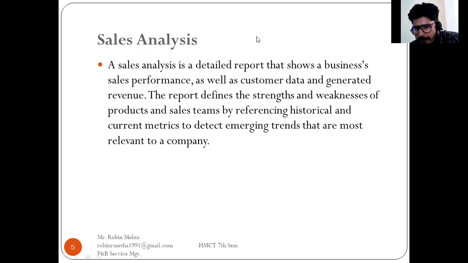These are the reports you can prepare from the POS, which are very helpful to create your sales analyze report in any business sector, or to increase the sales performance of any organization wherever you are working.